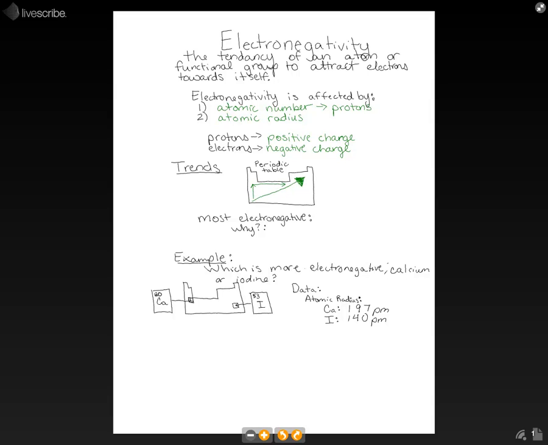So thinking about this, the most electronegative element that we know of, that we have good data on, is fluorine. And that's because fluorine has a very small radius, the smallest radius, and it has a good kind of proton to radius ratio.